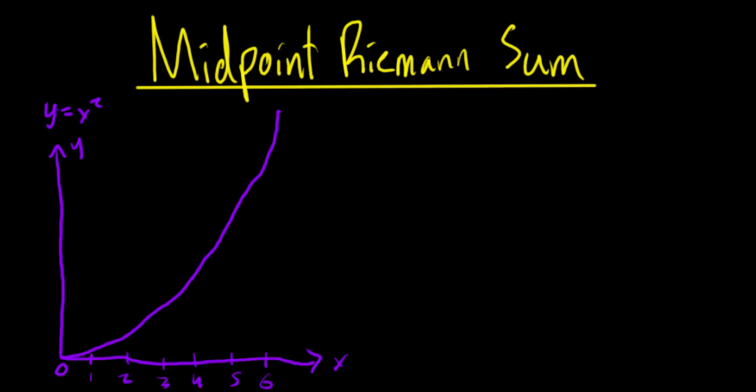So we want 3 midpoint Riemann sum approximations of even length, and this is how we're going to do it. So they're all length 2, right? So our first one, the midpoint of the rectangle hits the graph, right? We draw to the right a little bit, we draw a rectangle, and then to the left a bit, right? So there we go, that's 1. Our next one's going to be at x equals 3. So the middle of the rectangle hits the graph, and then we draw a rectangle like this, right?